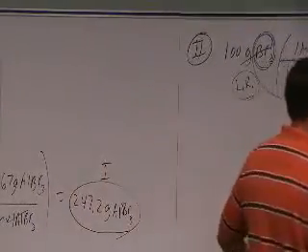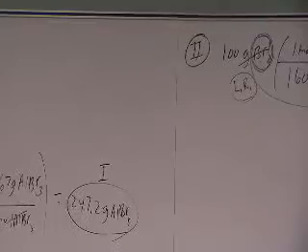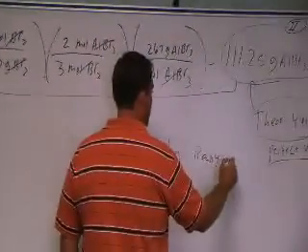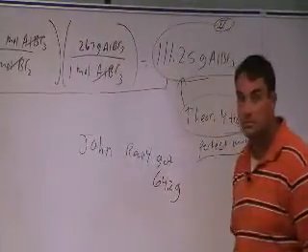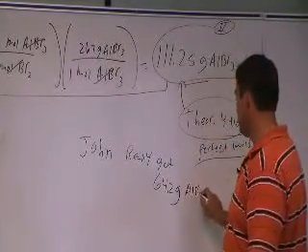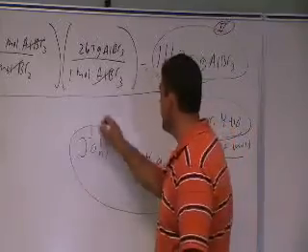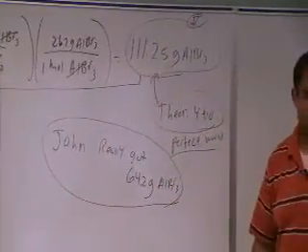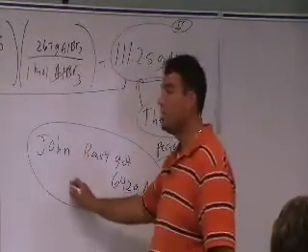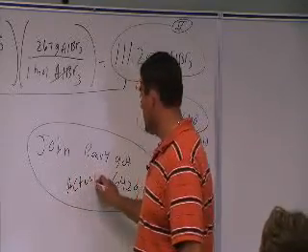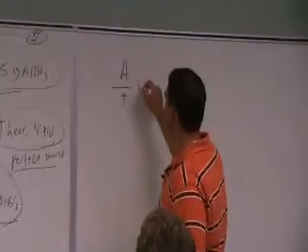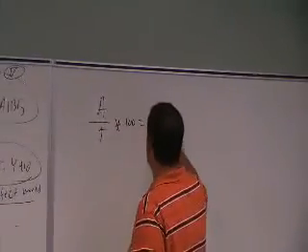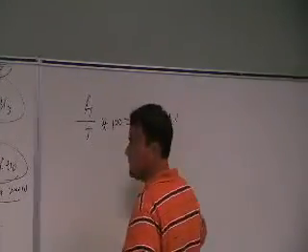Okay. Now let's just put it there, right? John really got 64.2 grams aluminum bromide. You see, that's the amount he measured as the chemist. That's called the actual yield, right? All right. So actual yield divided by theoretical yield times 100 gives you a percent yield.